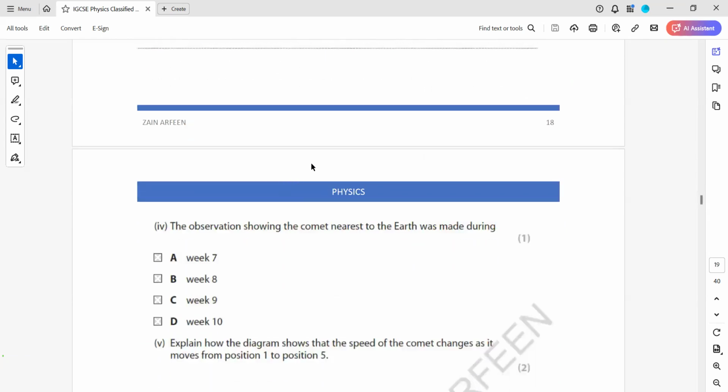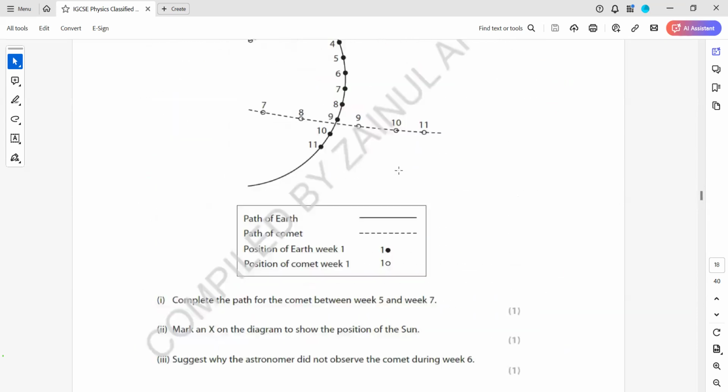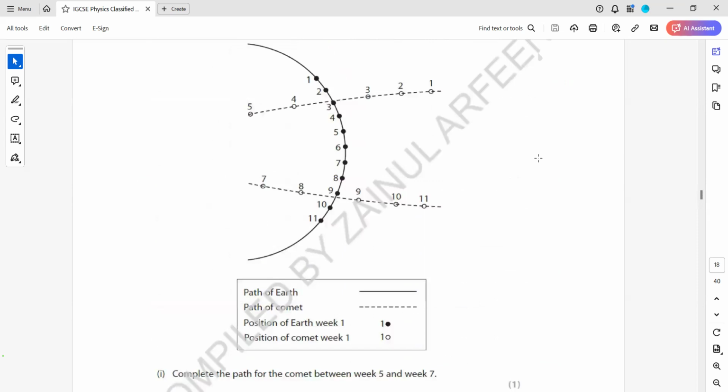The observations showing the comet nearest to Earth were made during which week? In which week was the comet closest to the Earth? Look, the simple way is you can just draw lines from one, for example, this is week 1. So week 1 line is this long. Week 2, week 3, week 4.